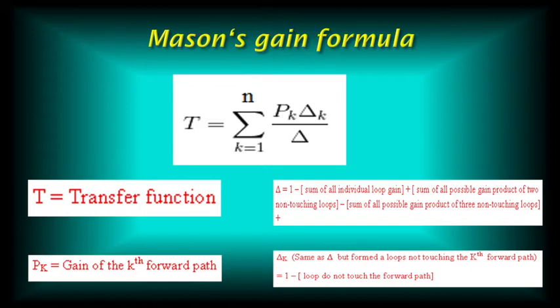Then plus, and so on. Pk is the gain of the kth forward path. And delta k means same as delta, but for loops not touching the kth forward path. So delta k equal to 1 minus loops that do not touch the forward path. This is the transfer function formula.